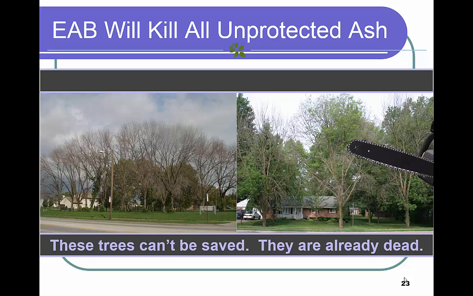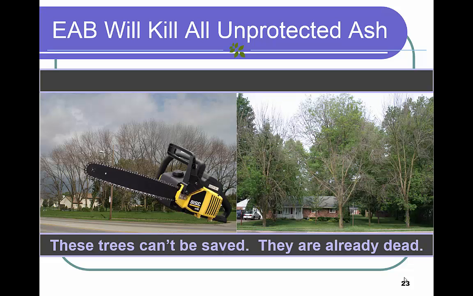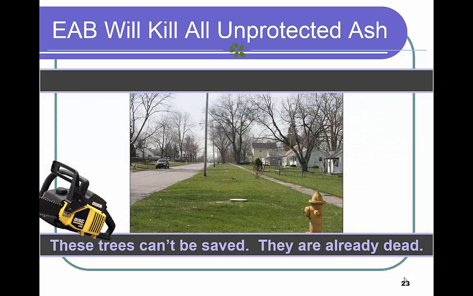So these are dead trees here in an Indiana picture, and trees on the right that are so far advanced that they are not going to be capable of being turned around. And then what we see are broad expanses where ash is no longer going to be living. It's going to be killed.